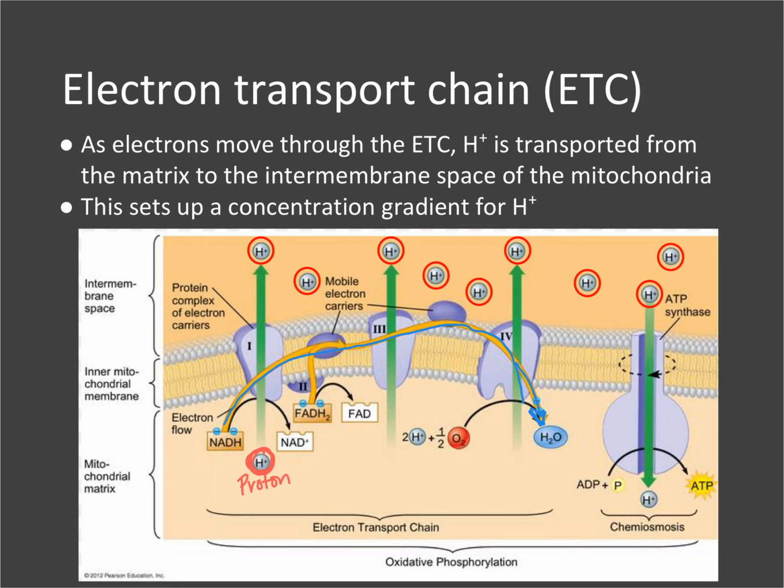Remember that hydrogen is made up of one proton and one electron, but since it's H+, it got rid of its electron. It gave it away. So we're essentially just talking about protons getting transferred across this inner membrane of the mitochondria.